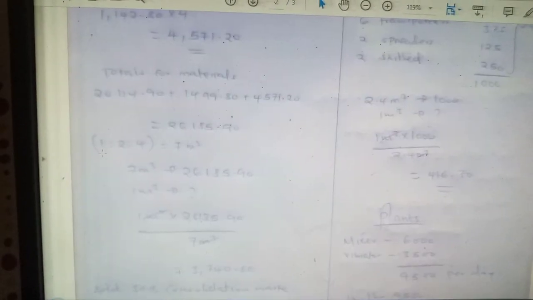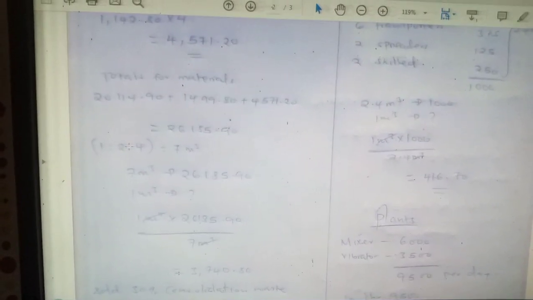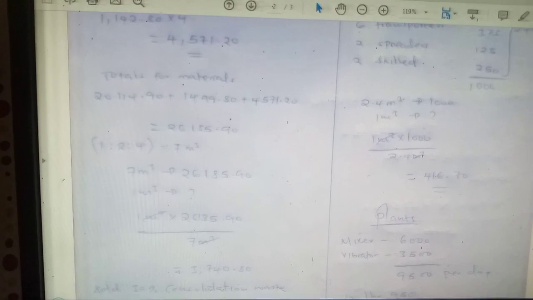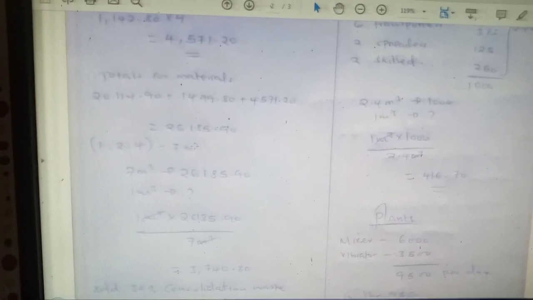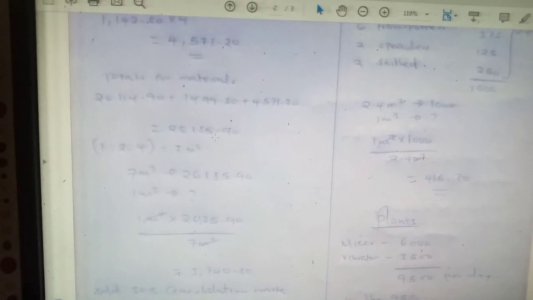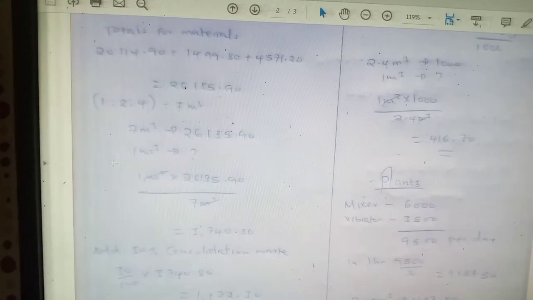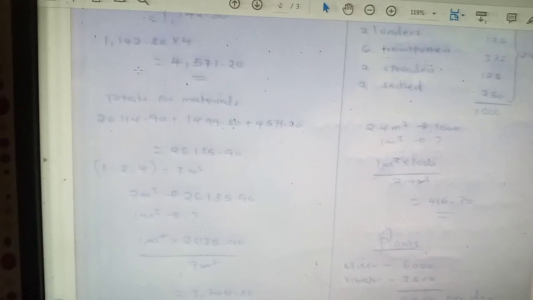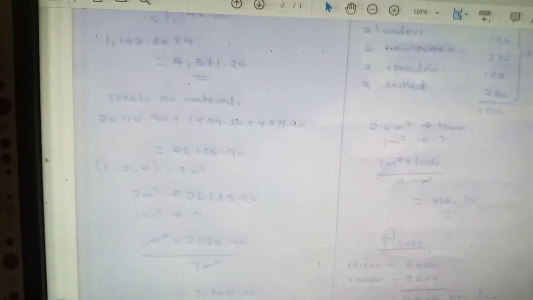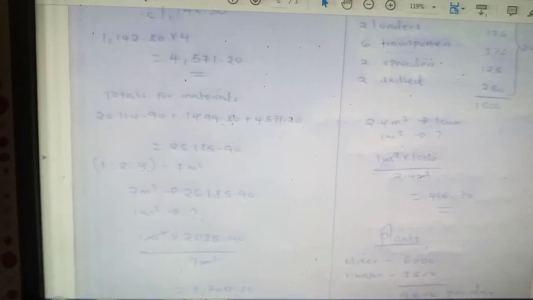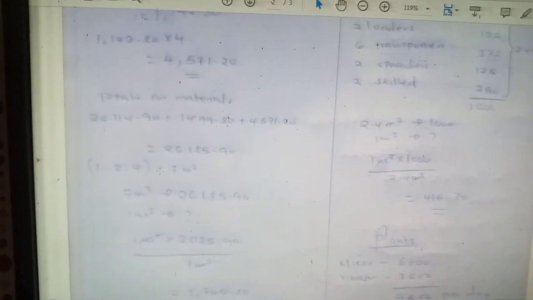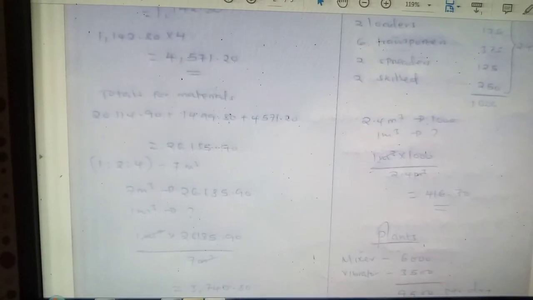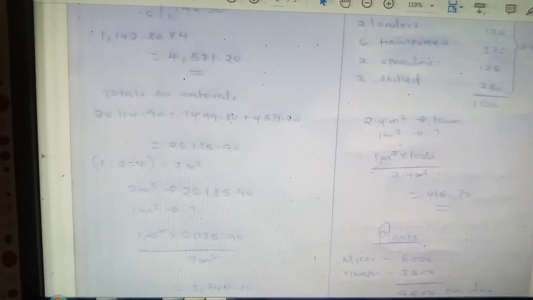Then you say 1 to 2 to 4, our ratio, is equal to 7 meter cube. So you say 7 meter cube, because remember, for cement we multiply by 1, for sand we multiplied by 2, for ballast the cost we multiplied by 4. So the total here is the cost for this ratio, for 1 plus 2 plus 4, which is 7.